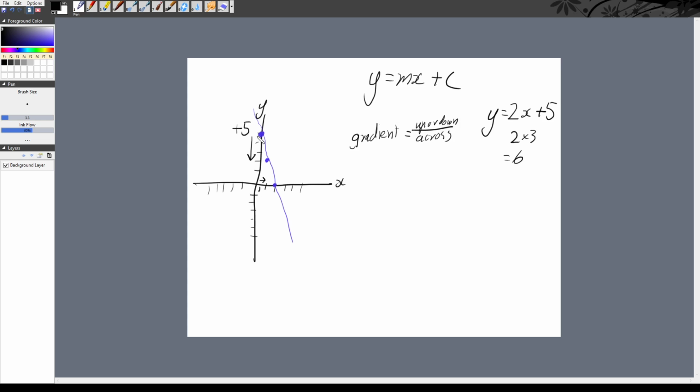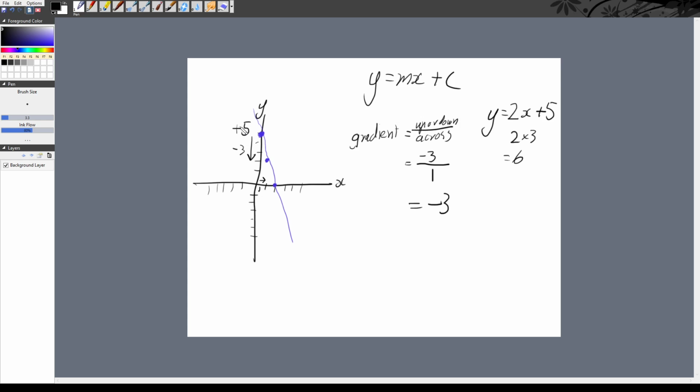So we've gone down 3, so that's going to be a negative 3. And then we've gone across 1, so that's going to be divided by 1. So that means that our rate of change, what I've done every second, has just decreased by 3.